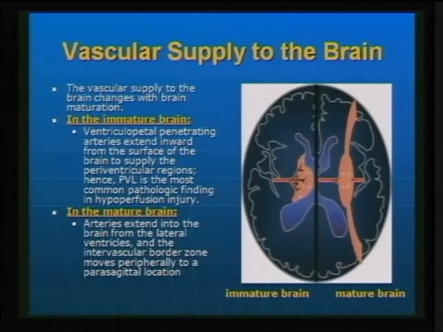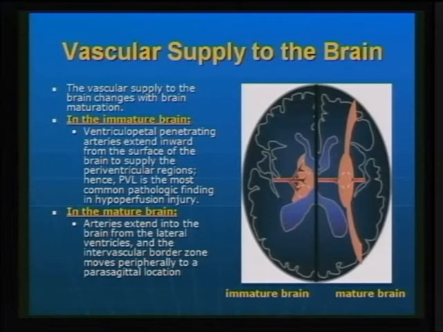In the immature brain, the blood supply comes from the cortex and goes deep to the periventricular area. The most active area is the periventricular area. The caudate-thalamic groove, the germinal matrix, that's where the gray matter is being formed, and then it migrates to the periphery. So blood supply comes from outside and penetrates to the periventricular region. Hence, the ischemia tends to be in that area.